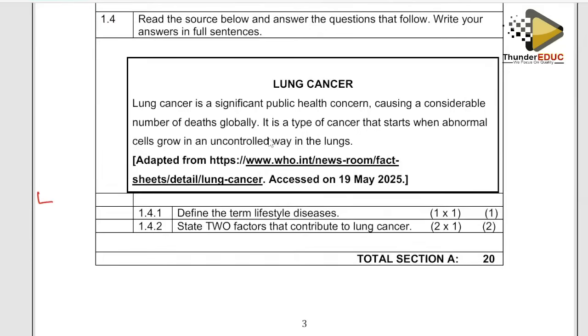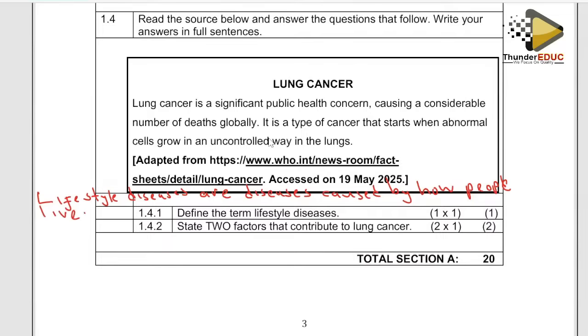So lifestyle diseases are diseases caused by how people live. These are diseases which are caused by how people live.